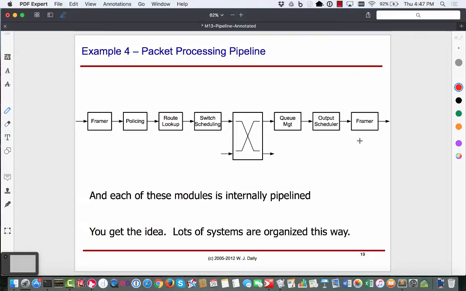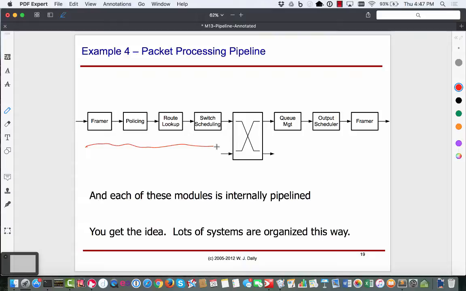So again, this kind of processing is not done with a processor running software, read a packet, process it. These are hardware packet processing engines, sometimes specialized processors, a lot of the time FPGAs. And again, all the different stages of packet processing are done in a pipeline fashion, both as the packet comes in and as the packet goes out.